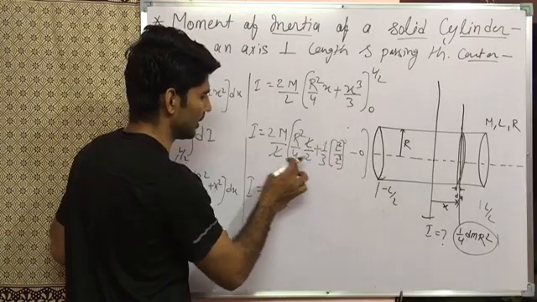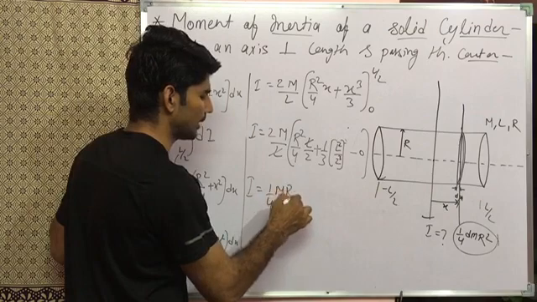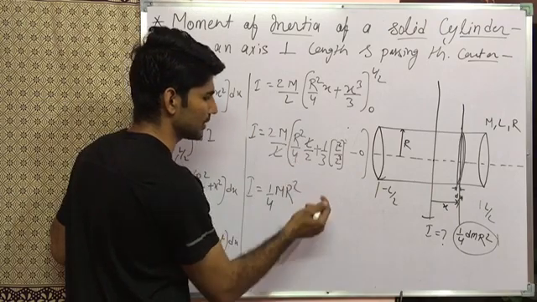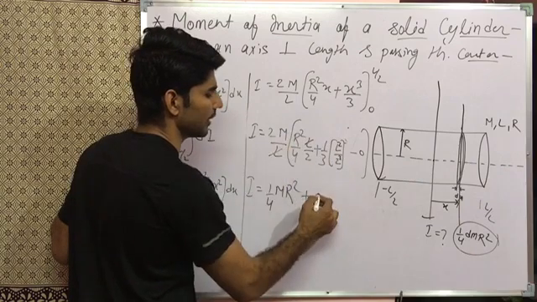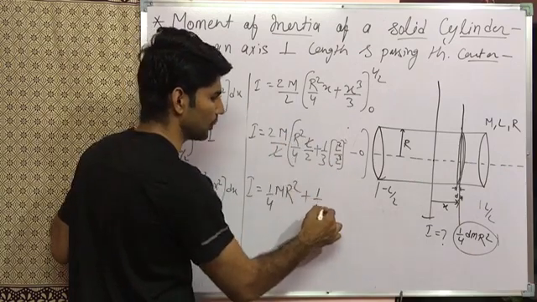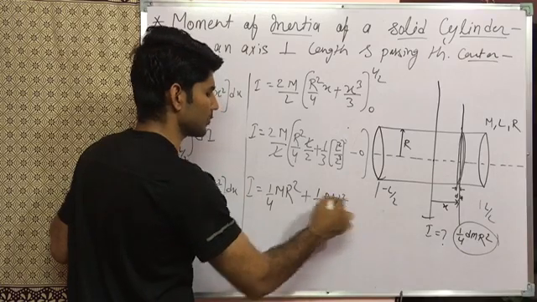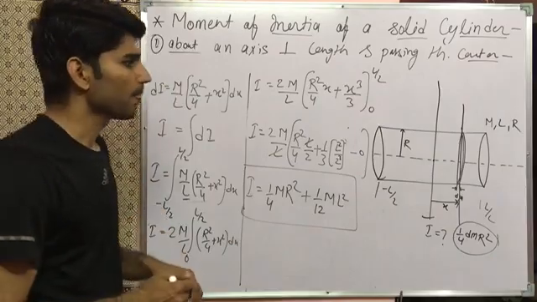When I multiply and solve, it becomes 1 by 4 m r square, because 2 and 2 cancel out each other, and the remaining 2 2 give 1 by 12 m L square. So this is the moment of inertia for a solid cylinder.